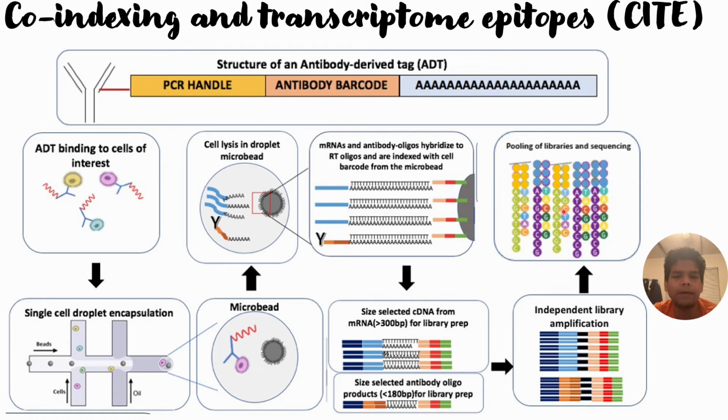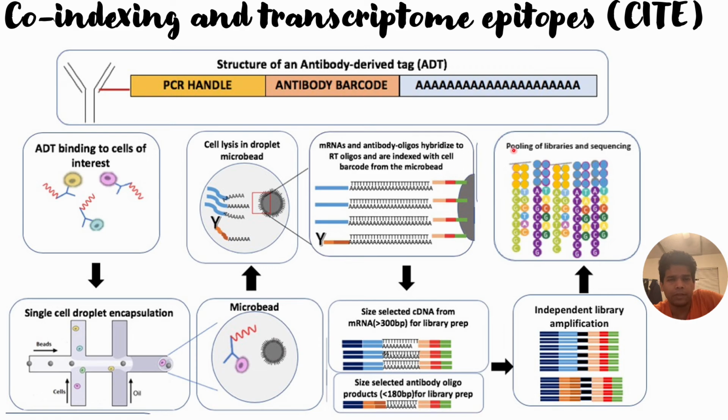We will be able to get the information about the transcriptome levels within the single cells. So this co-indexing and transcriptome epitopes will provide the changes in the single cell mRNAs, instead of providing the information about the average change within a group of cells.